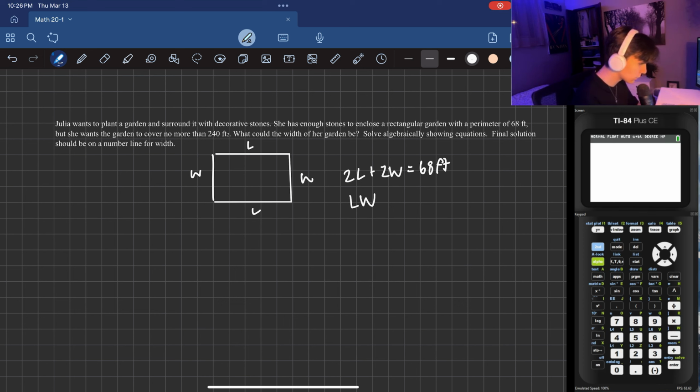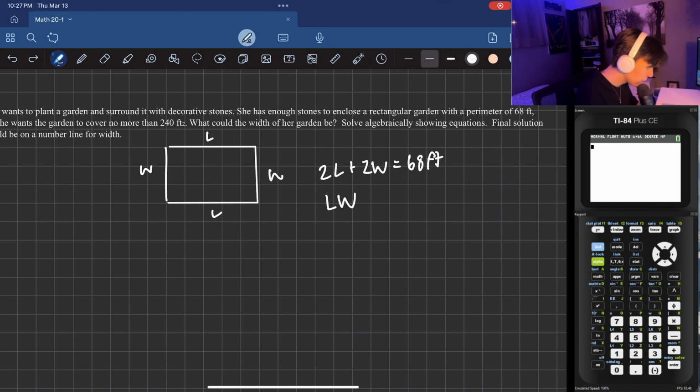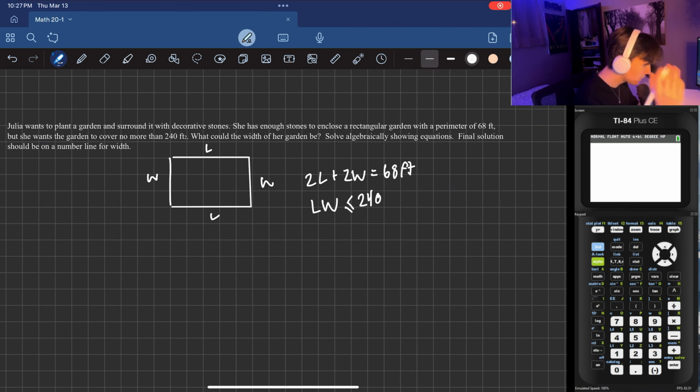So when we have feet squared, that's usually in reference to area, right? So we have length times width. And if it's no more, then our area has to be less than 240, because we can't pass 240, but we can also be equal to 240 here.